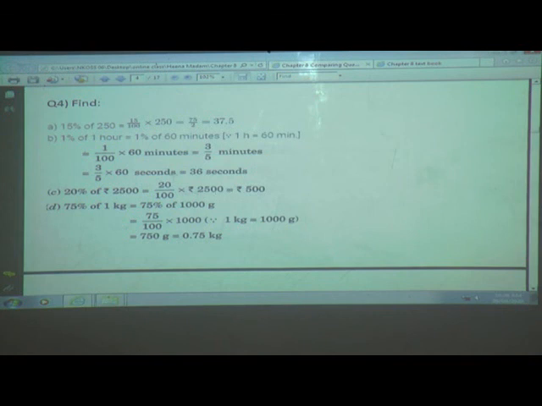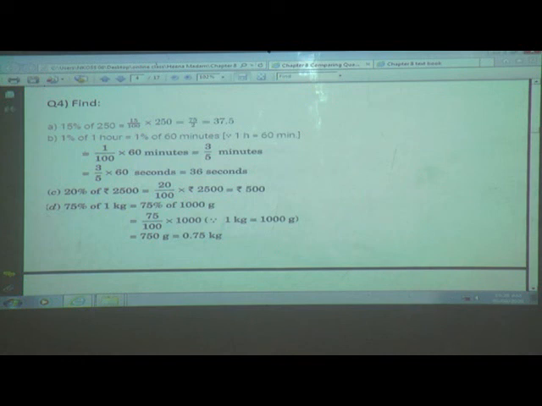Try to reduce. Here the 0 gets cancelled, here the 0 gets cancelled. It's very easy. Here is 25 and here will be 20. 20 multiplied by 25: 25 2s is 50, and one more 0 makes 500 rupees. So the 20% of 2500 is 500. In this way we can solve it.